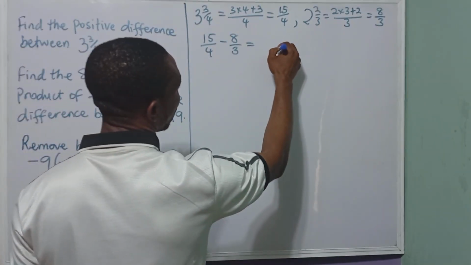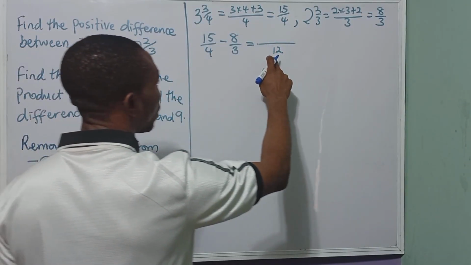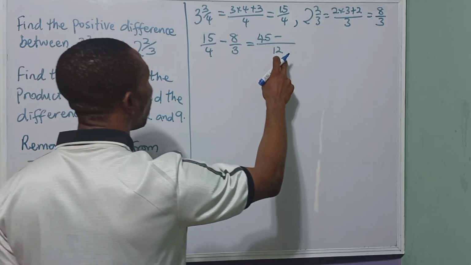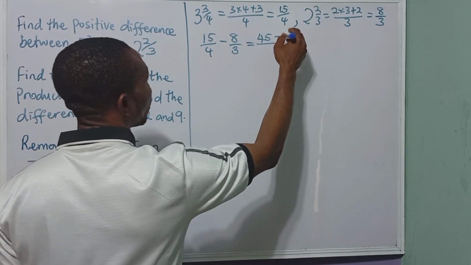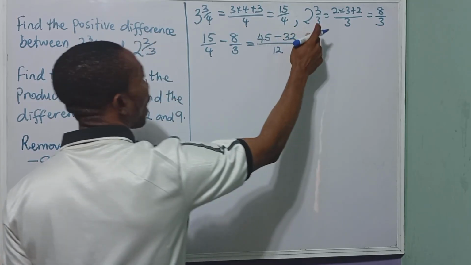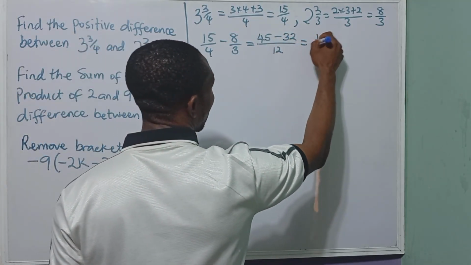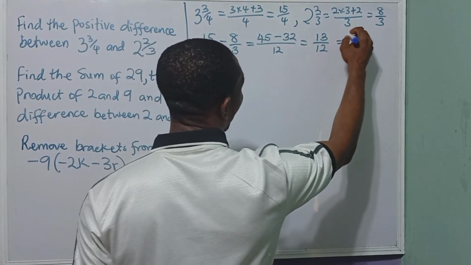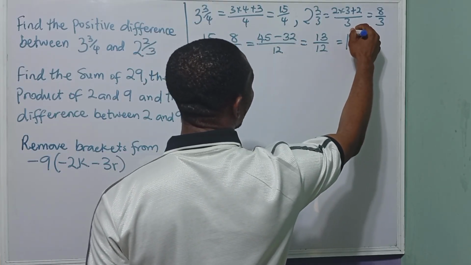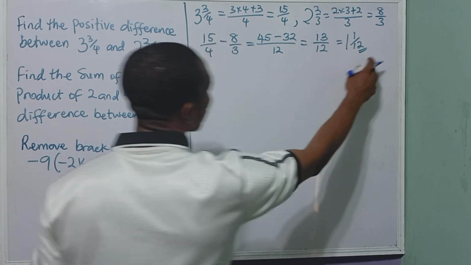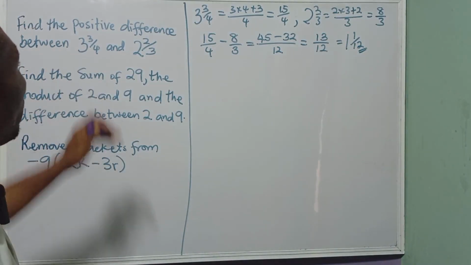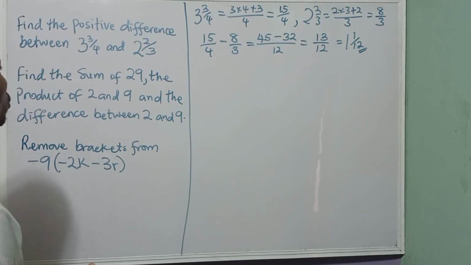The LCM of 4 and 3 is 12. 3 times 15 is 45, minus 4 times 8, which gives us 32. 45 minus 32 gives us 13 over 12, which written as a proper mixed number is 1 whole number 1 over 12. So this is the positive difference between 3 whole number 3 over 4 and 2 whole number 2 over 3.